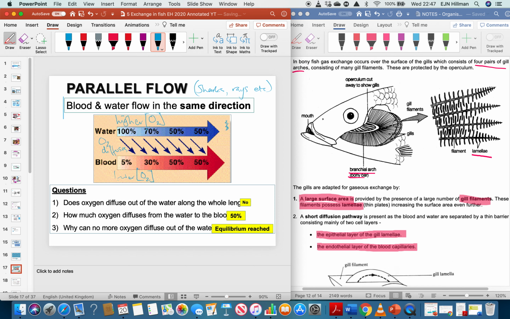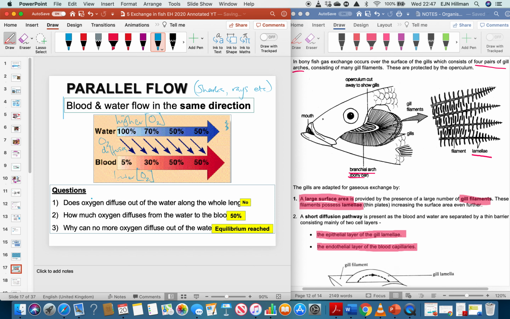But as the water and the blood are moving in the same direction, eventually, at some point along the length of the lamellae, equilibrium is reached. So it's only ever possible for 50% of the oxygen in the water to diffuse into the blood.